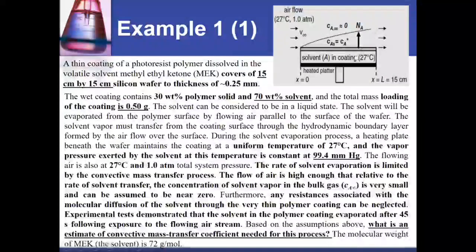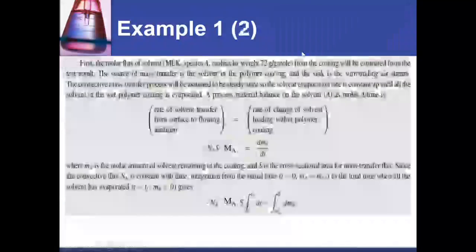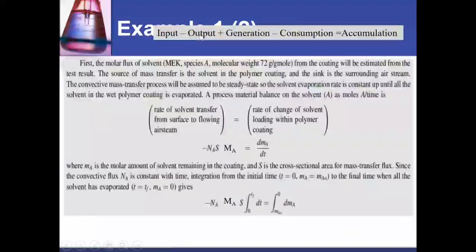So that means the process inside the coating is unsteady state, but in the bulk it is steady state, because you have no accumulation there. If you do a balance on the layer, this is the general mass balance: input minus output plus generation minus consumption equals accumulation.